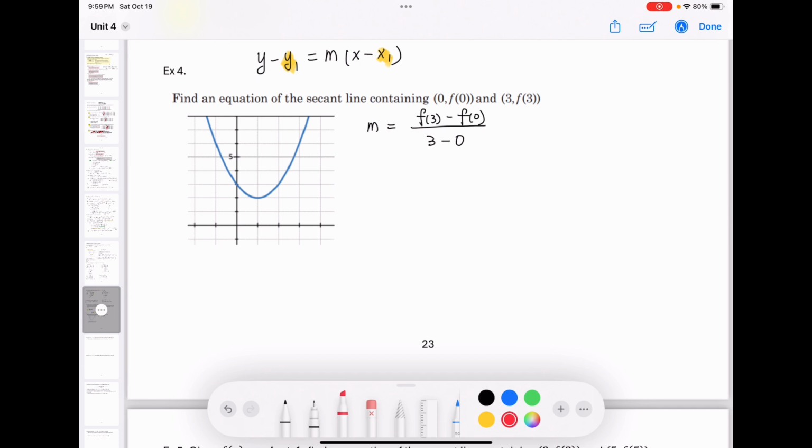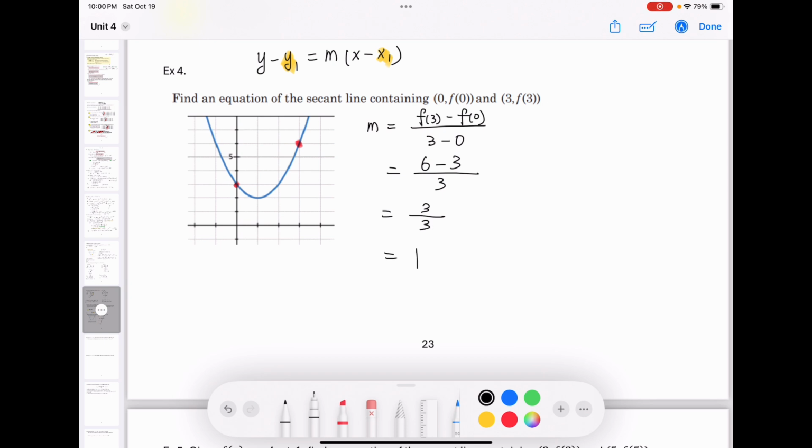And where is the point f of 3? When x is equal to 3, y is here, which is 6. So we plug in 6 in the expression. What is f of 0? It's a point here, and the y value is 3. Let's put the 3 here. Bottom is 3. So on the top is 3, bottom is 3. So the slope is 1.